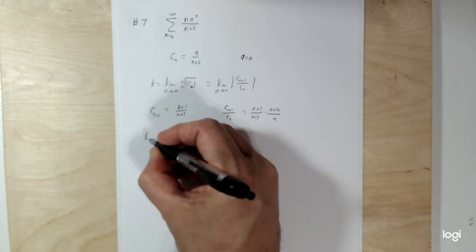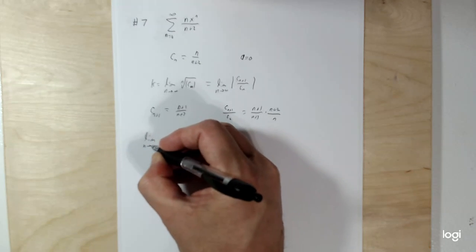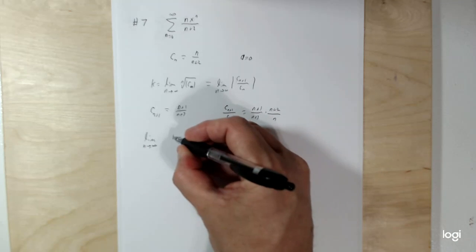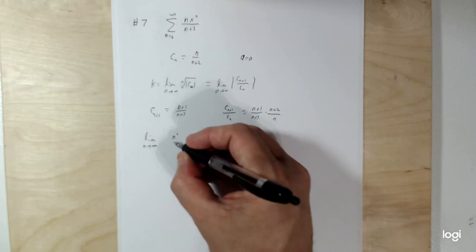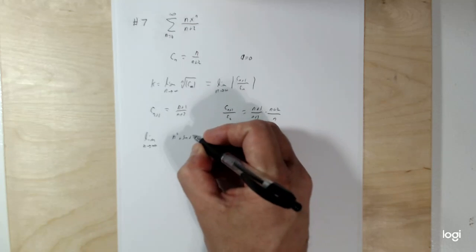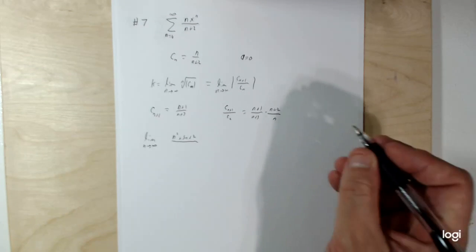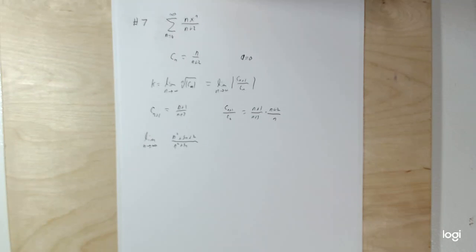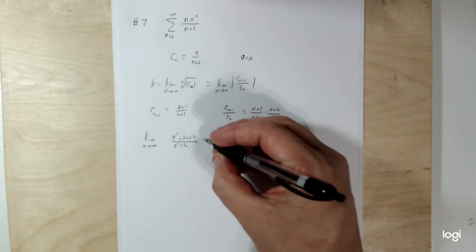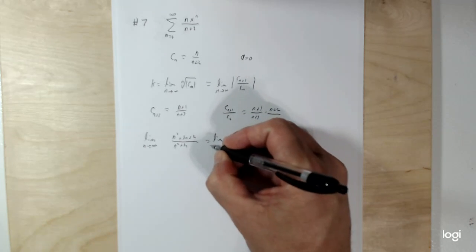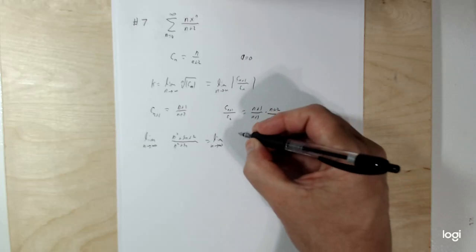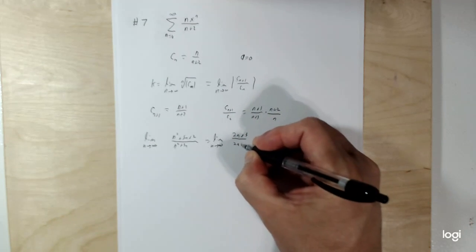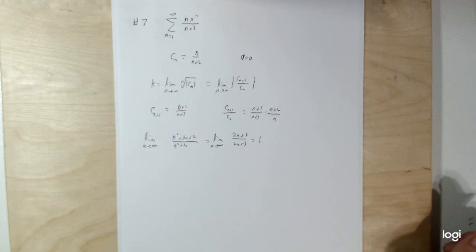So we're looking at the limit as n approaches infinity of n squared plus 3n plus 2 over n squared plus 3n. It doesn't take a lot, just use L'Hopital's rule. 2n plus 3 over 2n plus 3, well, that is 1.